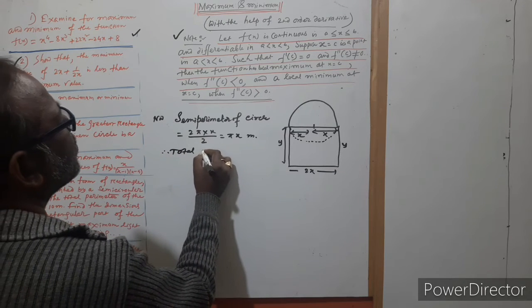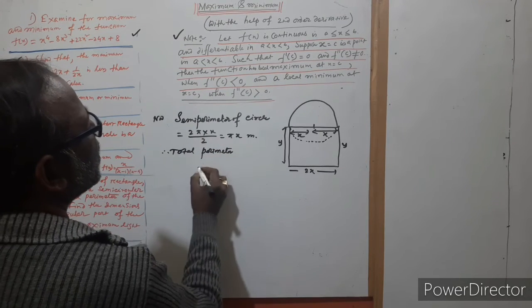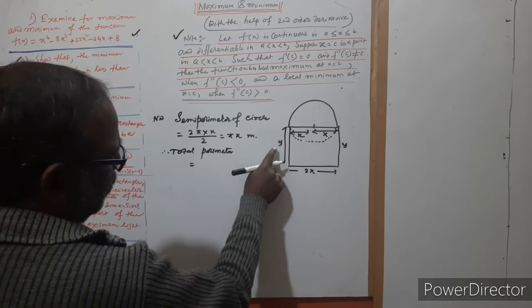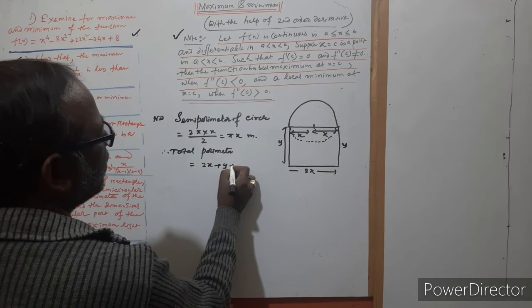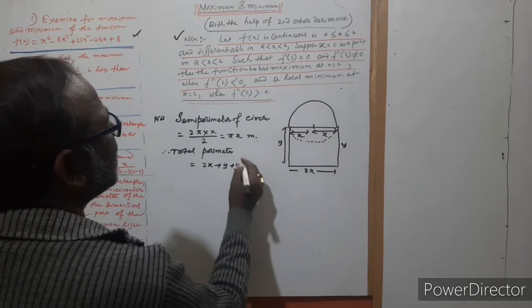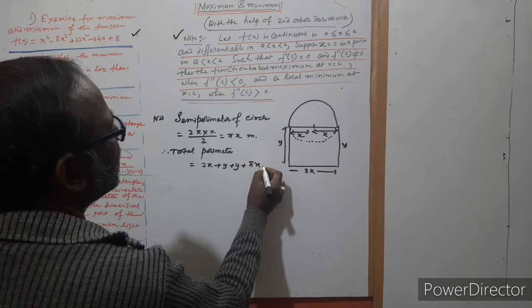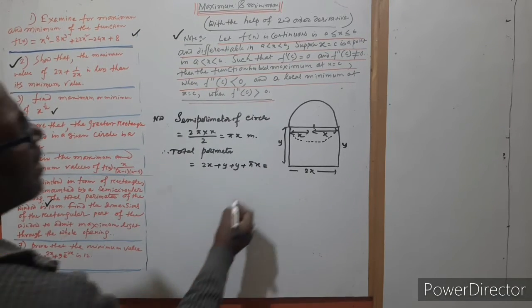Okay. Therefore the total perimeter is equal to y plus twice x plus y plus y, and after this length is here pi x, and given that it is equal to 10 meter. Okay, it is 10 meter.